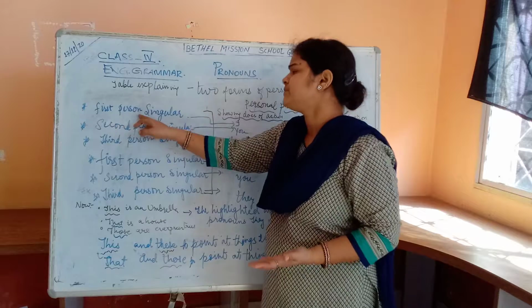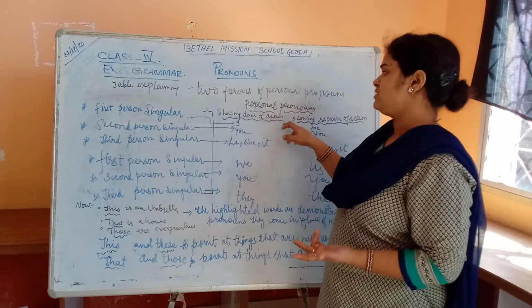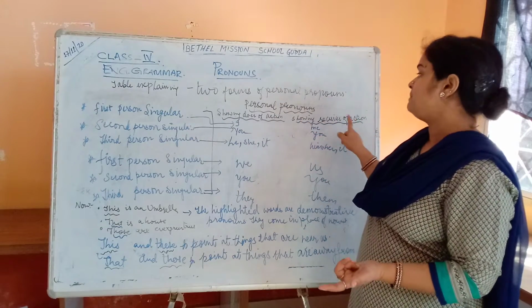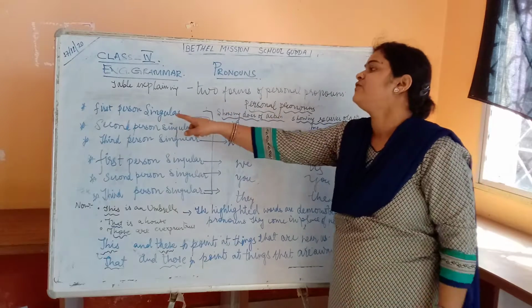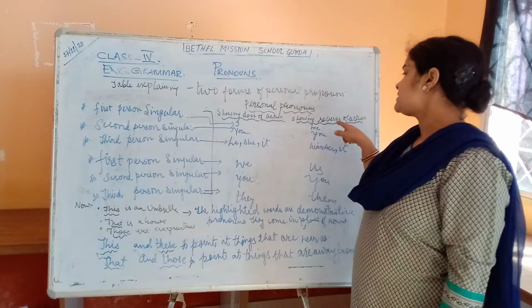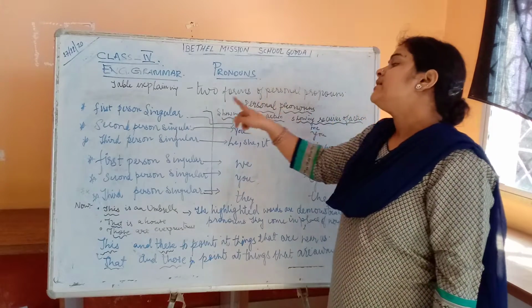In the first person singular, to show the doer of action, I is used. To show the receiver of action, me is used.